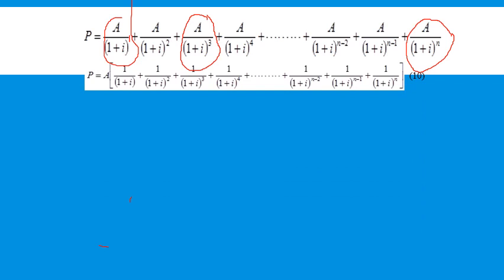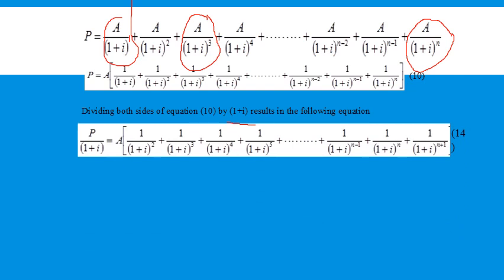What do we do now? I take A as the common factor. So it will be 1 divided by 1 plus I, 1 divided by 1 plus I square, and it continues like that. Now I divide both sides by 1 plus I. Hence, I get P divided by 1 plus I, and A divided by 1 plus I to the power of 1 will become 1 plus I to the power of 2. 1 plus I to the power of 2 will become 1 plus I to the power of 3, then 1 plus I to the power of 4.